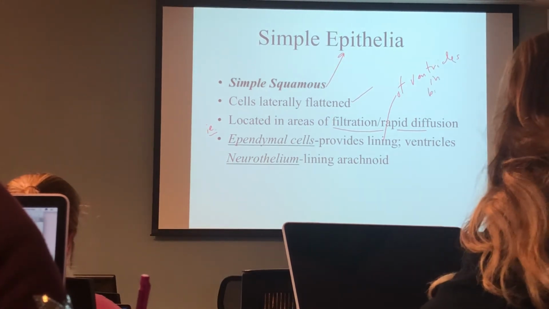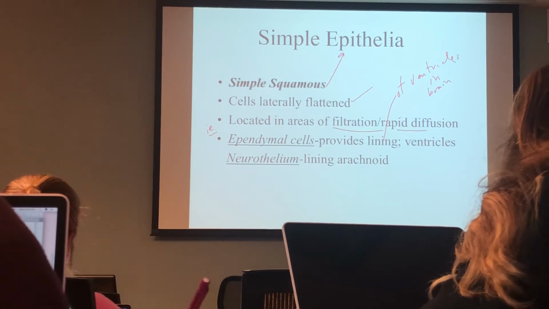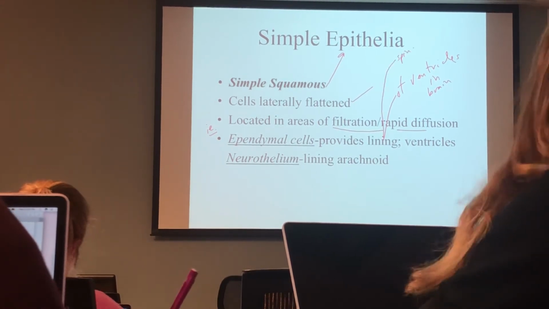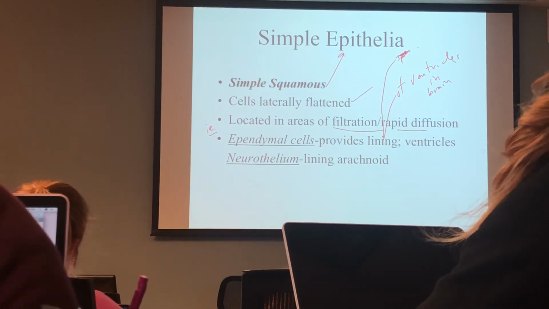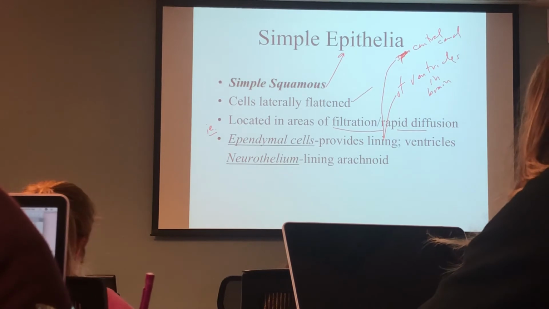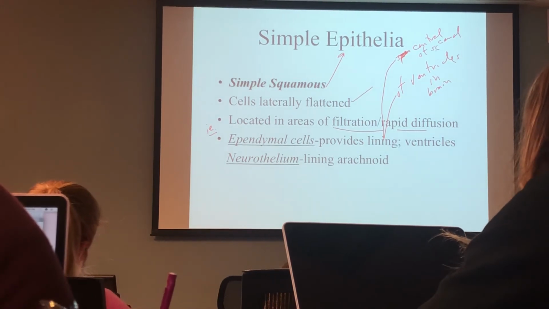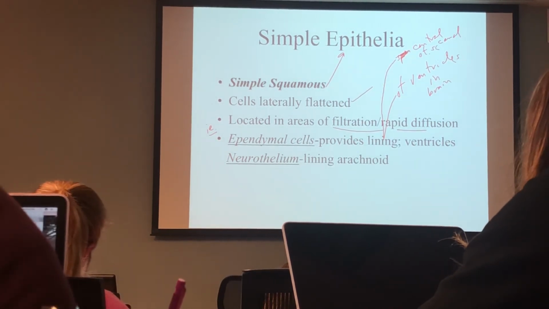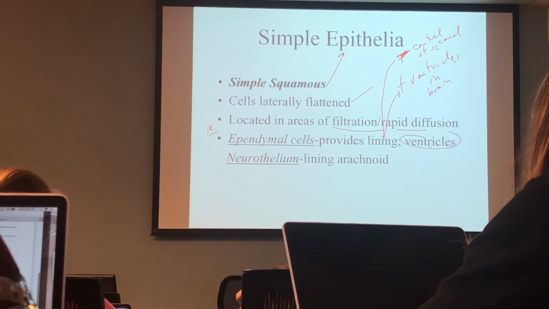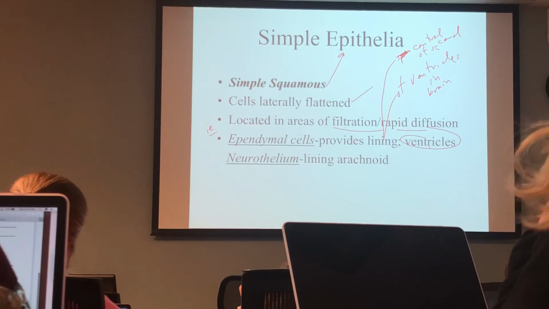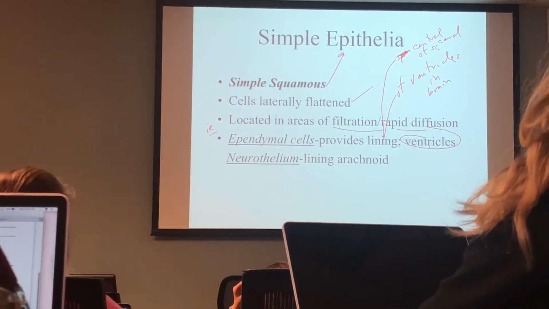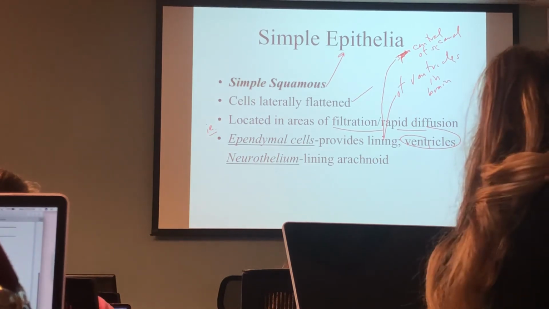Also, what lines the central canal of the spinal cord? That's lined by ependymal cells. These cells are also involved in the production of CSF. But you'll learn about this when we get to the meninges part of the course.